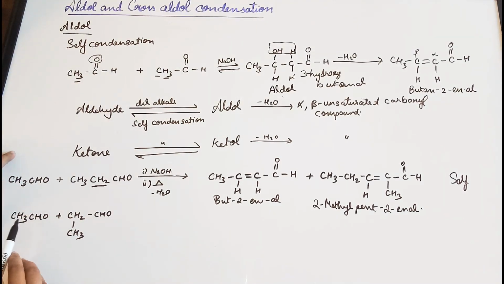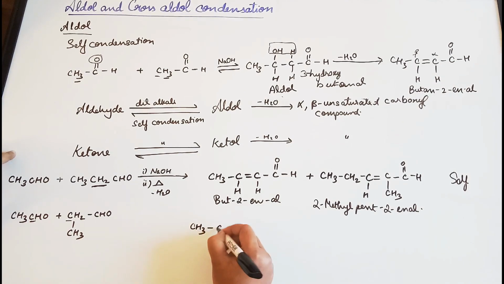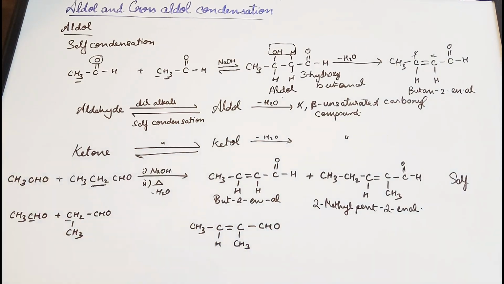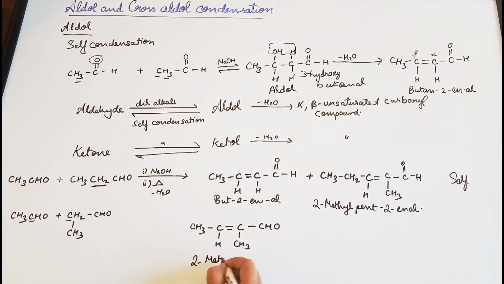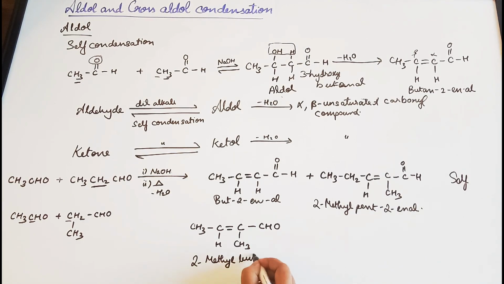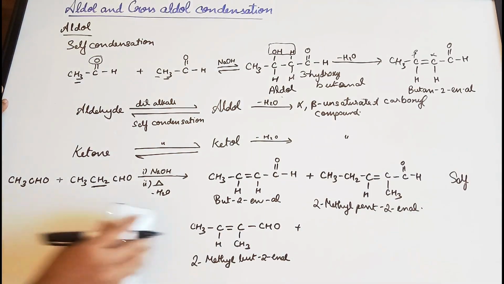Basically there will be a bond formed between the aldehyde carbon and the alpha carbon. So CH3, C double bond carbon and methyl group plus CHO. This would be the first compound which is formed, and this is called 2-methyl but-2-enal.